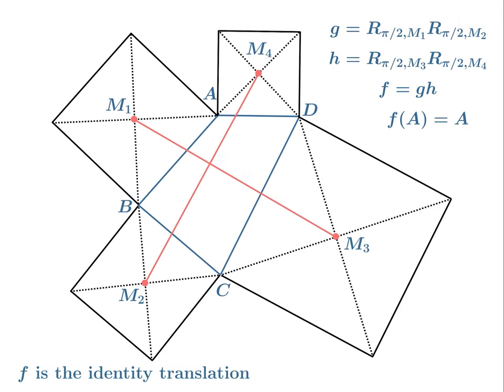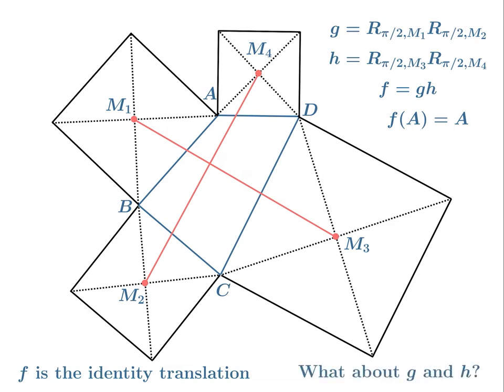That means you're moving all the points in the same direction, the same amount. So if A is being mapped to A, then F has to be the identity translation, moving everything nowhere. Because you're moving all the points the same direction, the same amount, and if F of A is A, that means you're not going anywhere. So F is going to take every point to itself.